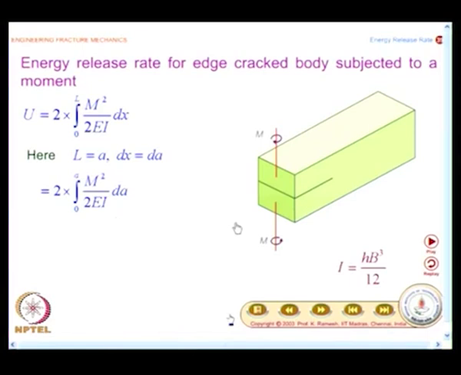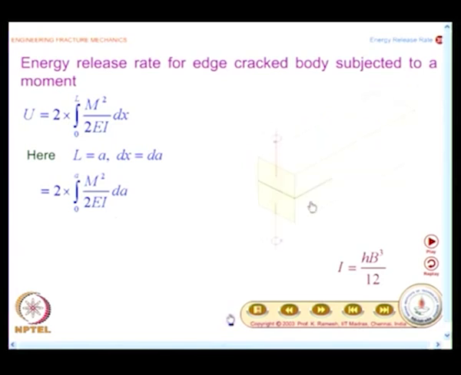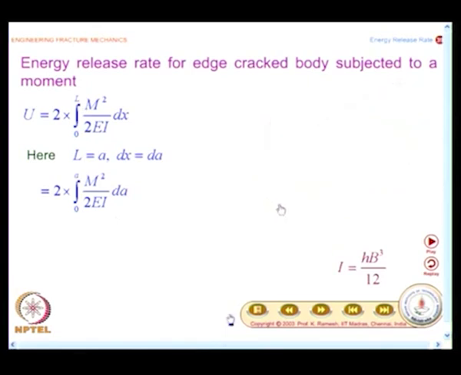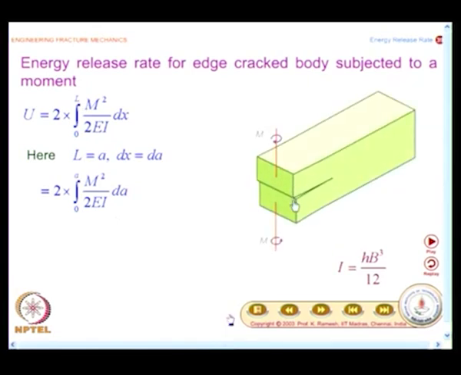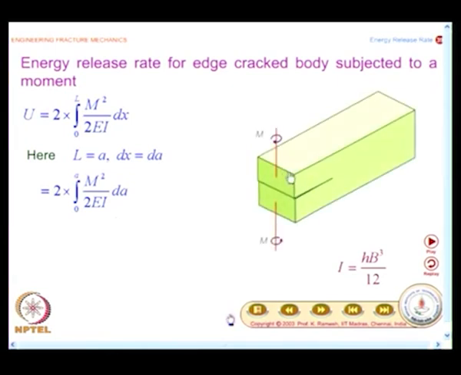Now we take up a problem of a cantilever beam specimen. It is a double cantilever, but the loading is different. You apply a bending moment on this surface and this surface, and it provides a tearing action. The moment you get a tearing action, this is the problem of mode 3.